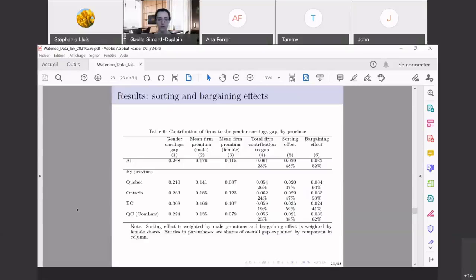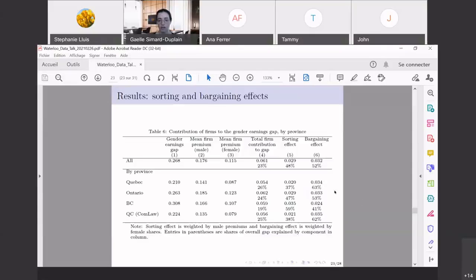I've told you that bargaining is particularly important in Canada compared to what we find in other countries. One of the things we were interested in when we started this work is whether that difference is true across Canada, or whether it's driven by certain regions more than others.